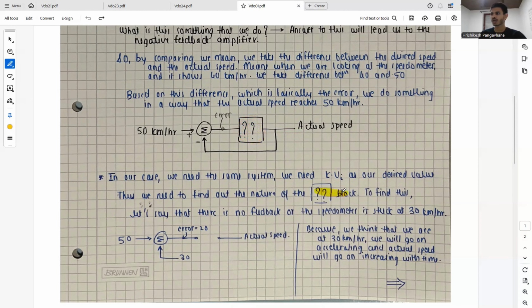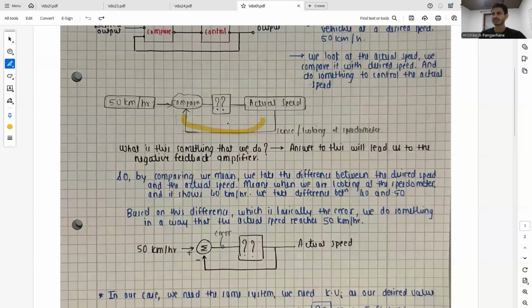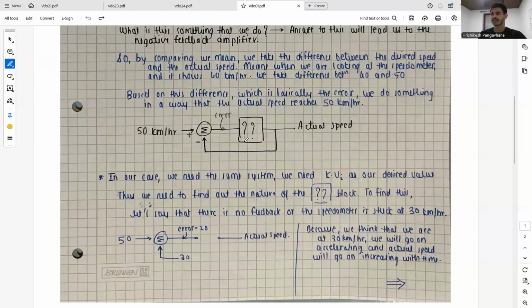To find this, let's say that there is no feedback, or the speedometer is basically stuck at some value. Let's say it is stuck at 30 kilometers per hour. So it will now show us that input, and we are totally dependent on the speedometer.